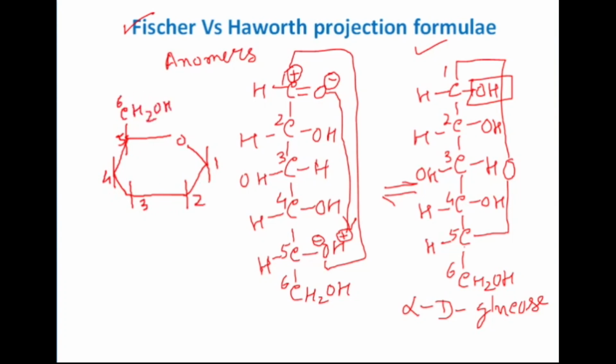So those groups which are present on the right hand side of the open chain structure will be on the bottom of the ring, and the groups which are on the left hand side should be on the top of the ring. So the groups on the 2, 4, and 5th positions are now filled.